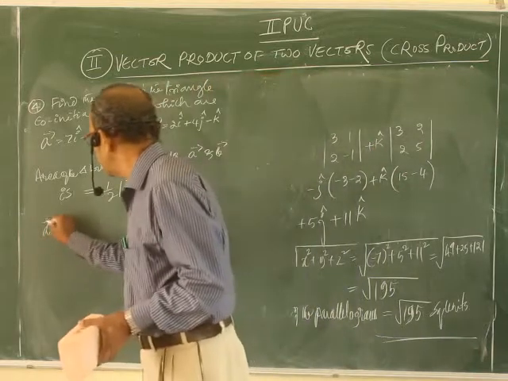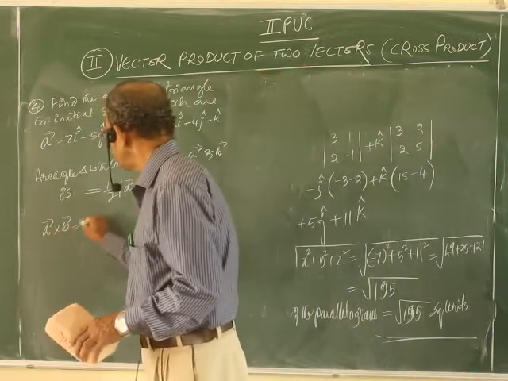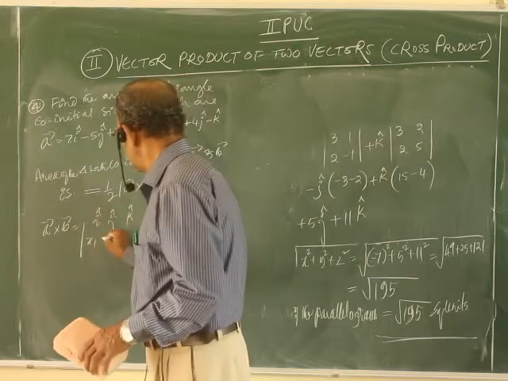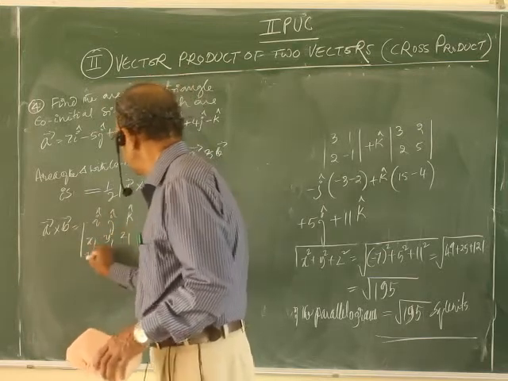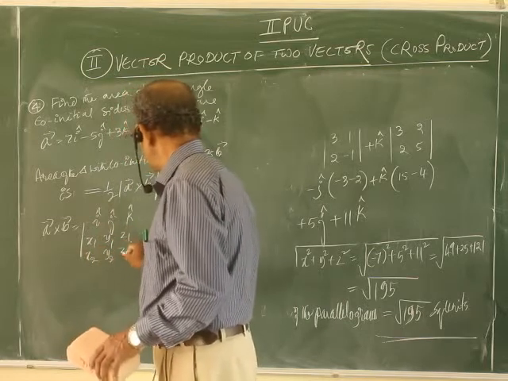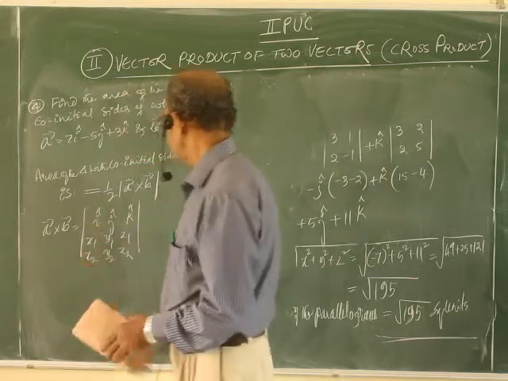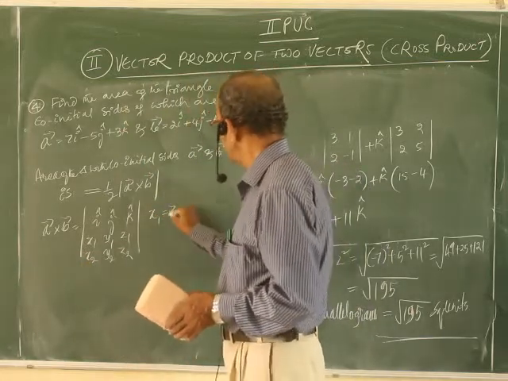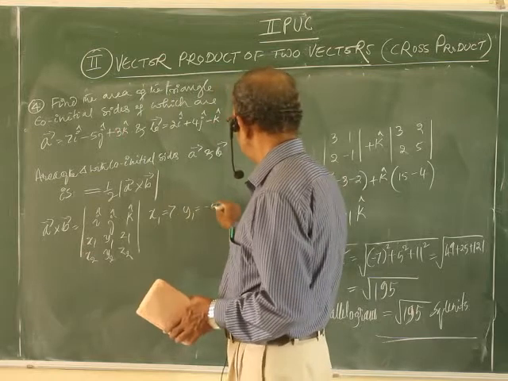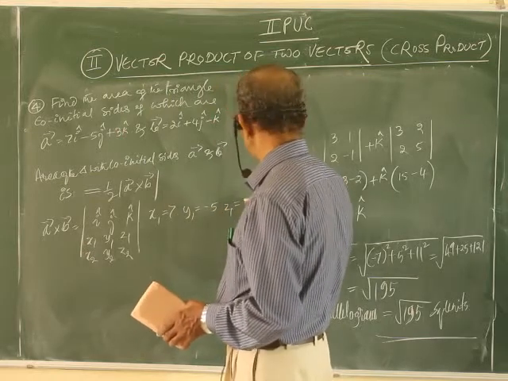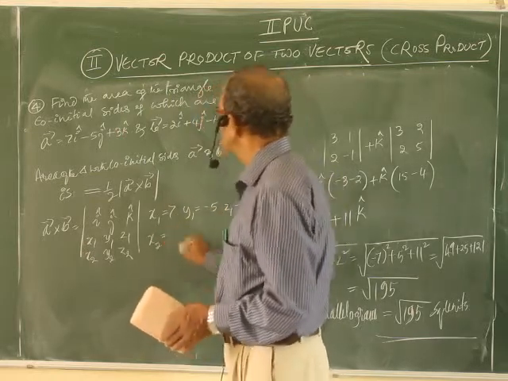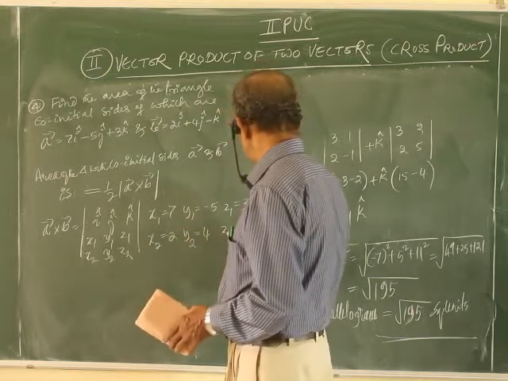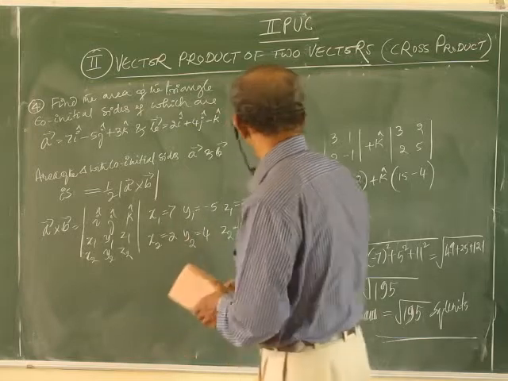So A cross B is the determinant with I, J, K, x1, y1, z1, x2, y2, z2. x1 is 7, y1 is minus 5, z1 is 3, x2 is 2, y2 is 4, z2 is minus 1.